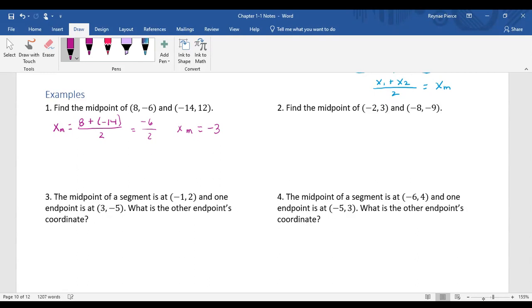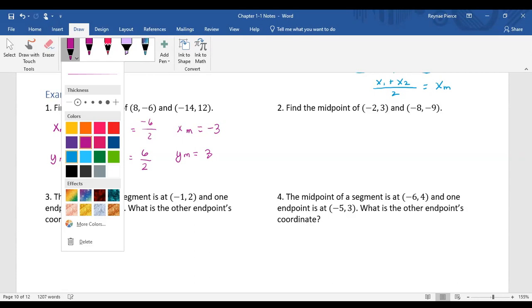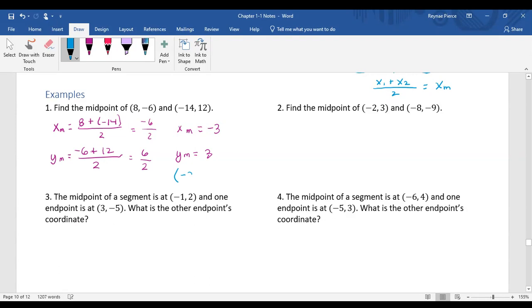Y coordinate of our midpoint, we're going to add the y coordinates of our endpoints. Negative 6 plus 12 is a positive 6. Divided by 2 is a positive 3. So our final answer, we still want to answer as a coordinate point. We put our x value first, our y value second.